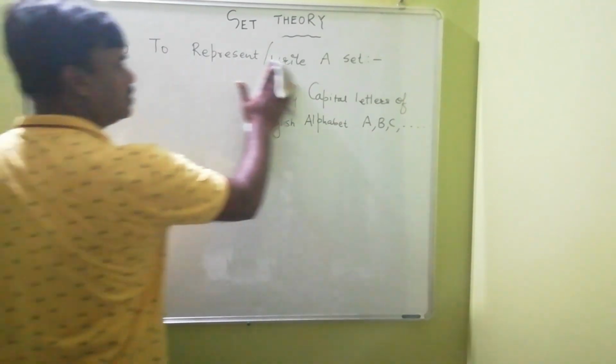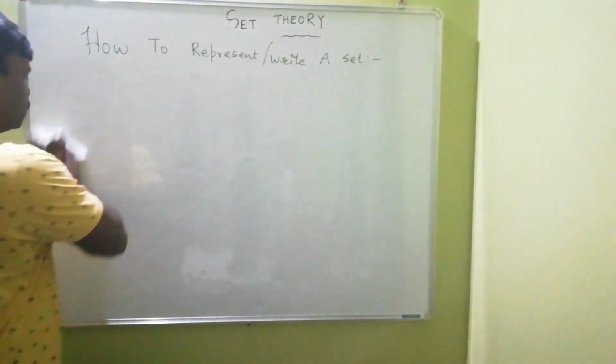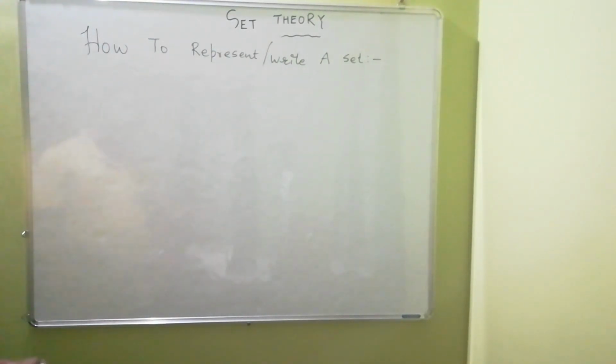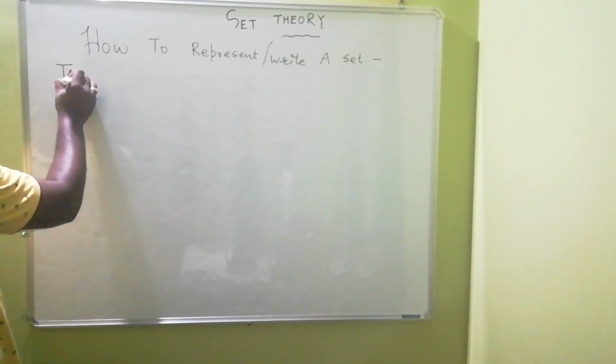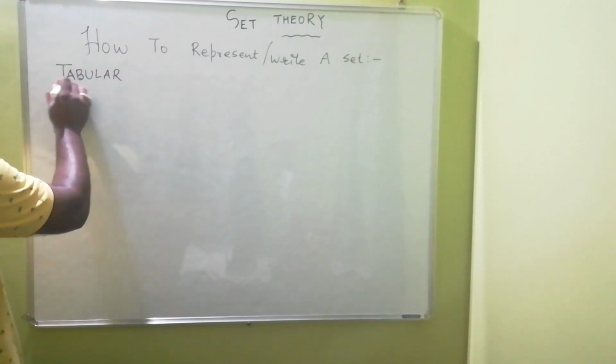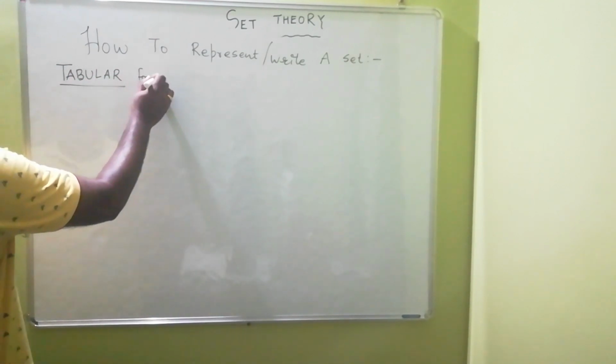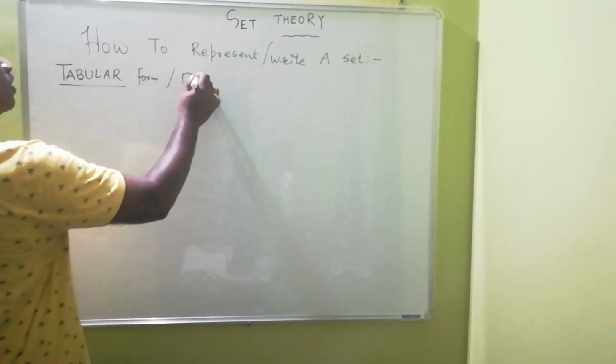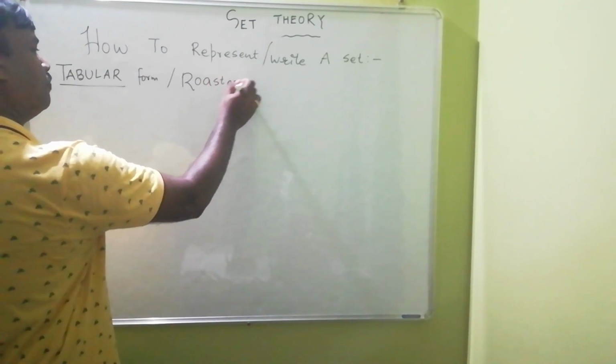So our first method to represent a set is tabular form. As the name specifies, tabular form, this is also called roster form.